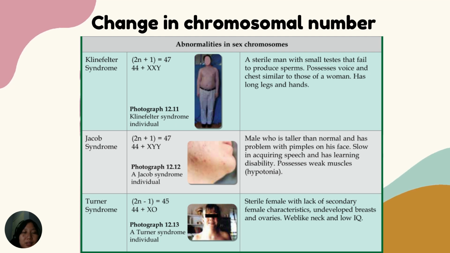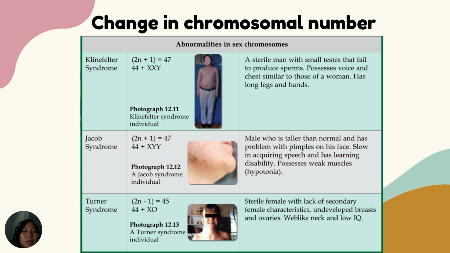All right. And then Jacob syndrome. Sometimes it is interchanged with Klinefelter syndrome, but to prove that a person has Klinefelter or Jacob syndrome, it must be done in a lab procedure, right?